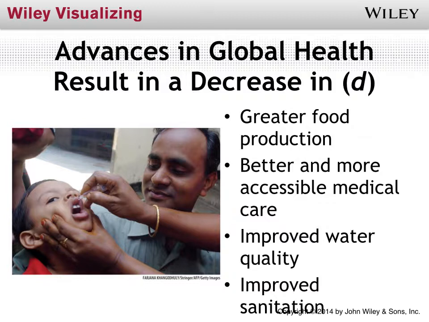Simple water treatment dramatically increased our population growth rate by decreasing the death rate. And again, things like indoor plumbing and sewer treatment facilities improved the sanitation of the environment we lived in, which decreased our exposure to these environmental diseases that had previously been a large source of our death rate across the world.